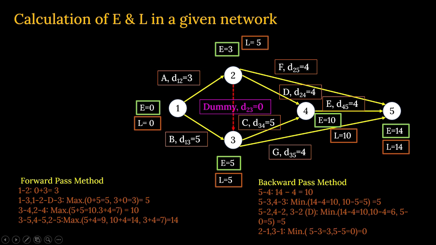Then at this point, 3 to 1, value of L is 5, duration is 5. So 5 minus 5 is 0. So 2 and 0, which one is minimum? 0 will be taken into consideration. The value of L is 0 out here. So note that the earliest start time and latest start time will be 0 in both the cases. And in both the cases, earliest finish time of the project and latest finish time of the project will be the same.